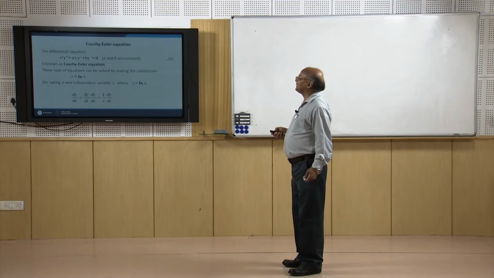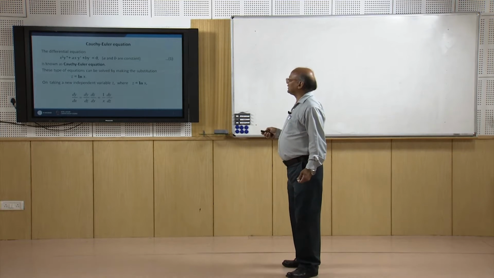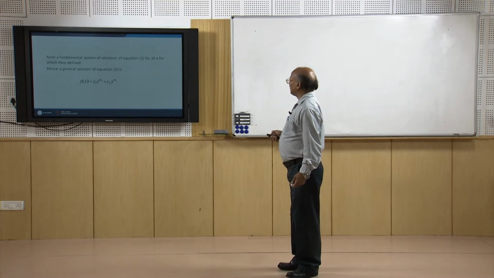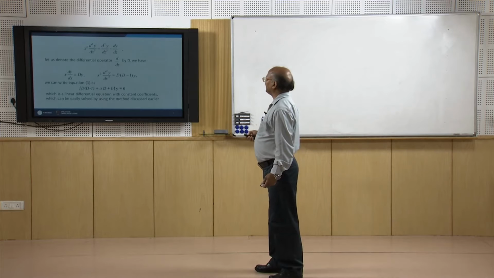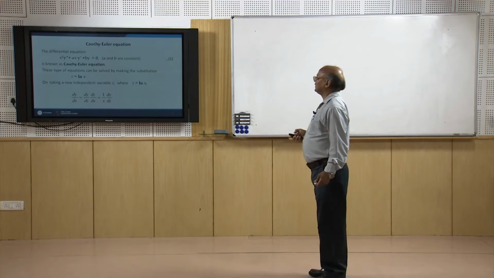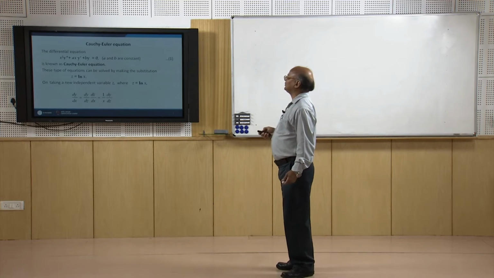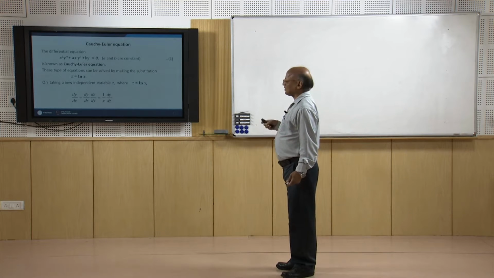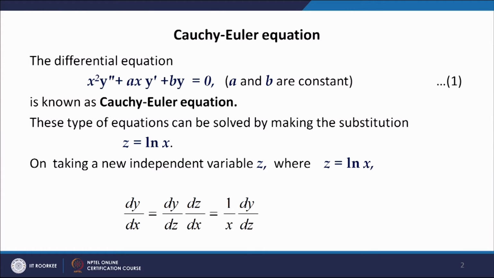So by making the substitution z equal to ln x, we shall convert this equation to an ordinary linear differential equation with constant coefficients, solve it there, and then replace the variable z by x. So let us put z equal to ln x.